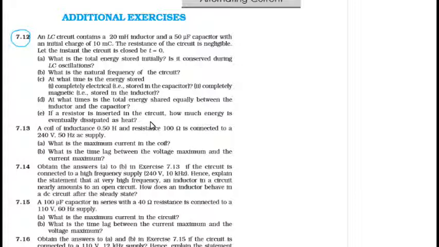D: At what time is the total energy shared equally between the inductor and the capacitor? E: If a resistor is inserted in the circuit, how much energy is eventually dissipated as heat?